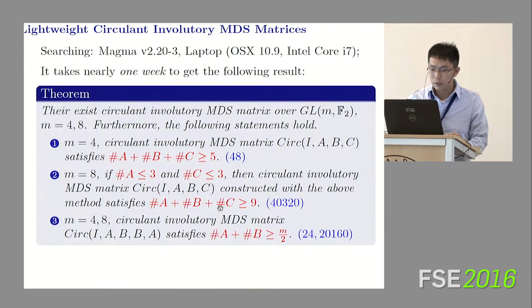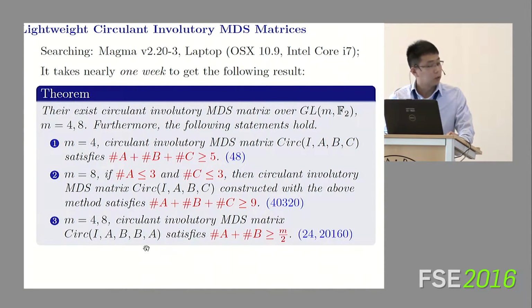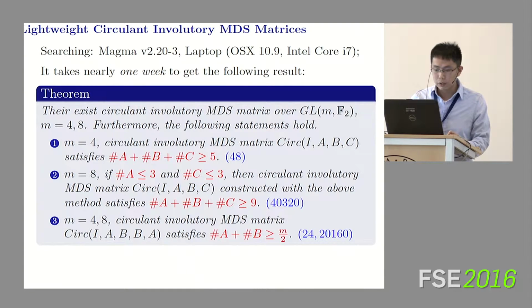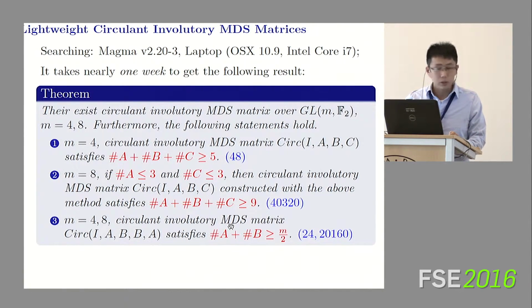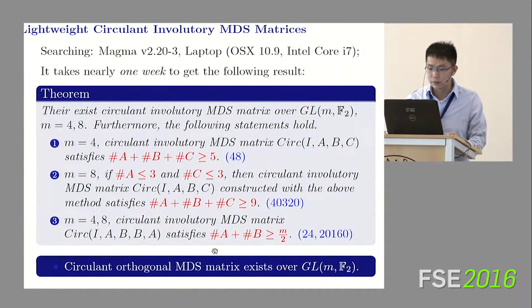Under this condition, the fewest sum of XORs of one row's entries is 9, and we found 40,000 corresponding constructions. We also construct a circulant involutory MDS matrix of order 5 because this type of matrix is very interesting. For both m equals 4 and 8, the XORs of one row's entries is m.